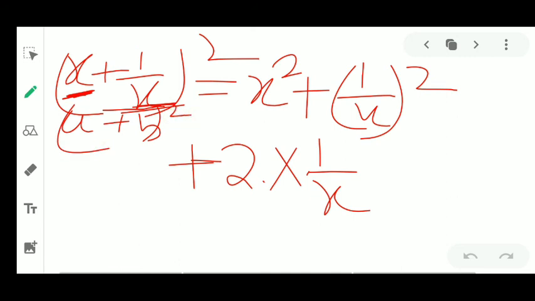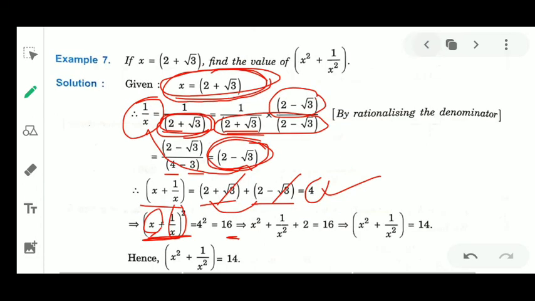Then according to the formula, a plus b squared is a squared, that is x squared, plus b squared, that is 1 by x squared, plus 2 into x into 1 by x. So here x will be cancelled. Then we have x squared plus 1 by x squared plus 2. That is written here, x squared plus 1 by x squared plus 2.